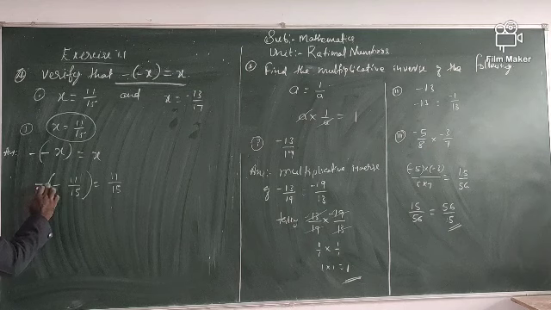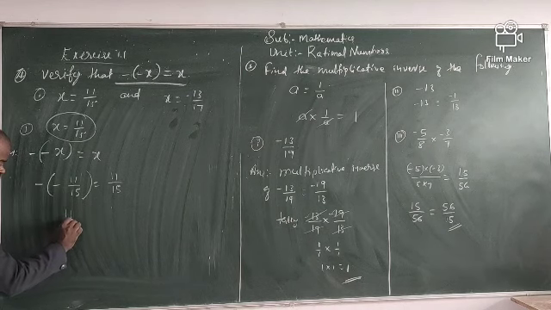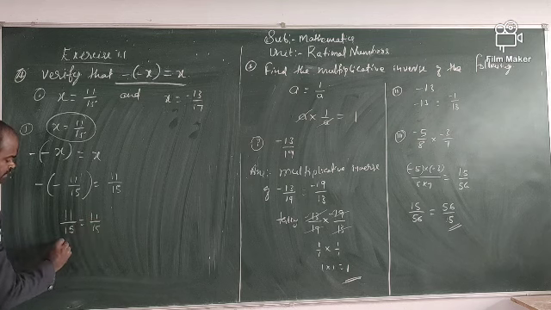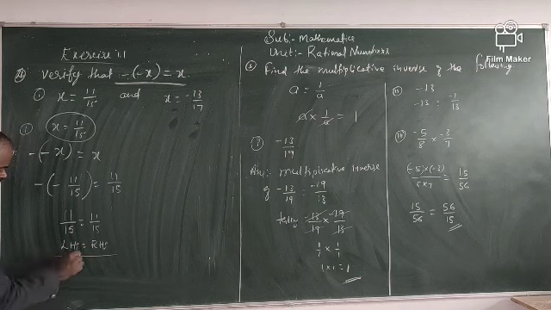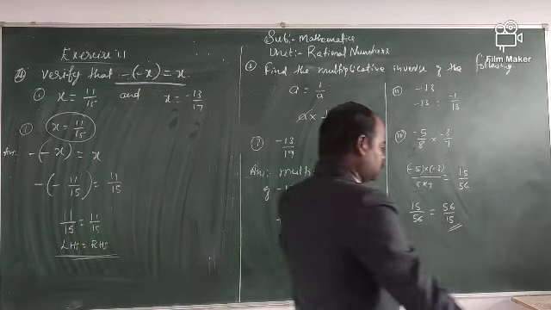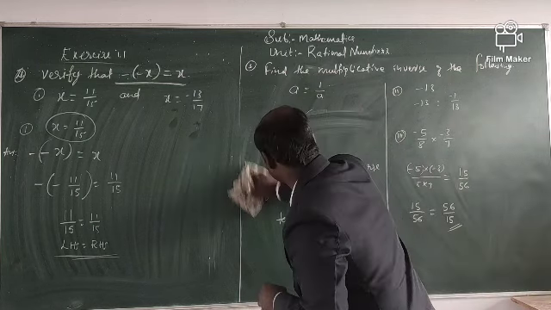Minus into minus is plus, so we get 11 by 15, which is equal to 11 by 15. That means LHS is equal to RHS. Left hand side is equal to right hand side. Okay, now another example.